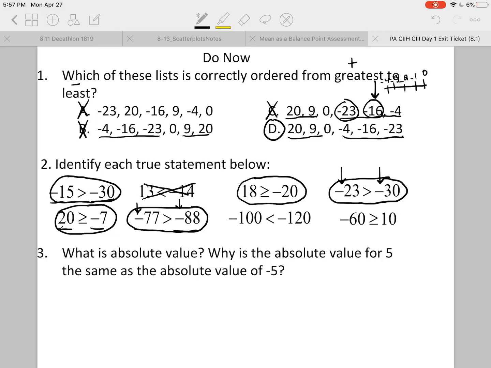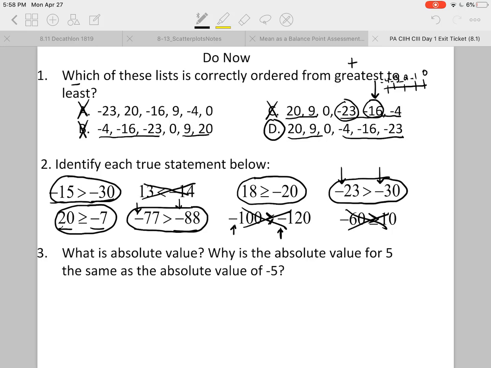We have 2 negative numbers again, -100 and -120. It is better to owe $100 than to owe 120. So this statement is false because it should be opening the other way. Finally, we have a positive and negative number. A negative number is never greater than a positive, so this is not correct.